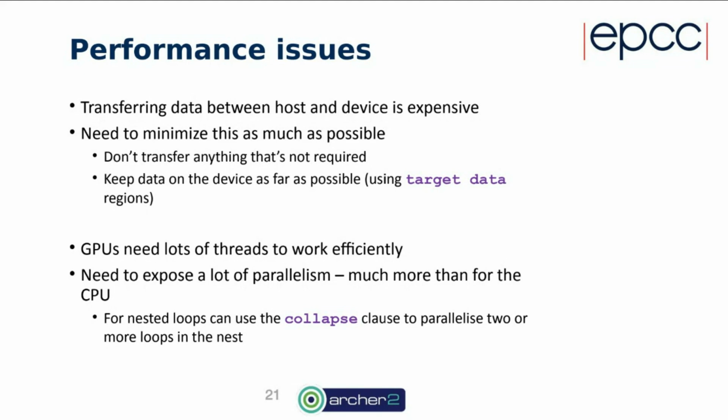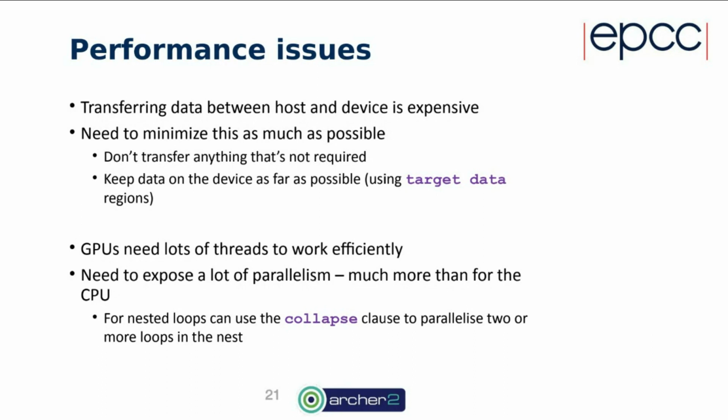GPUs typically need a lot of threads to work efficiently. Whereas your CPU might be talking about order tens of threads at most, GPUs might be talking thousands of threads to make them work efficiently. That means we need to expose a lot more parallelism than for the CPU, so it's often more important to extract all the parallelism from nested loops.